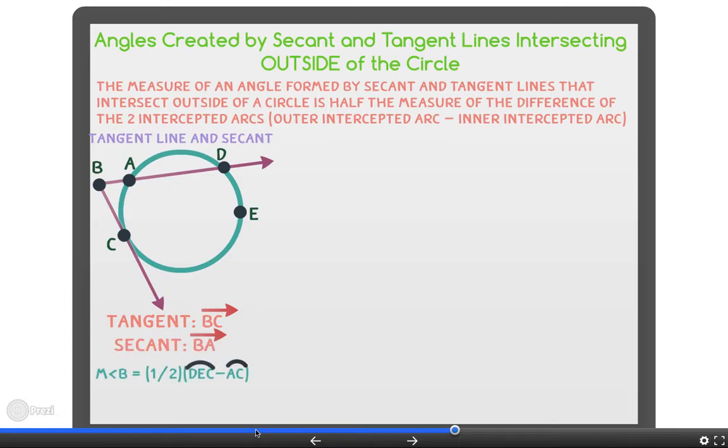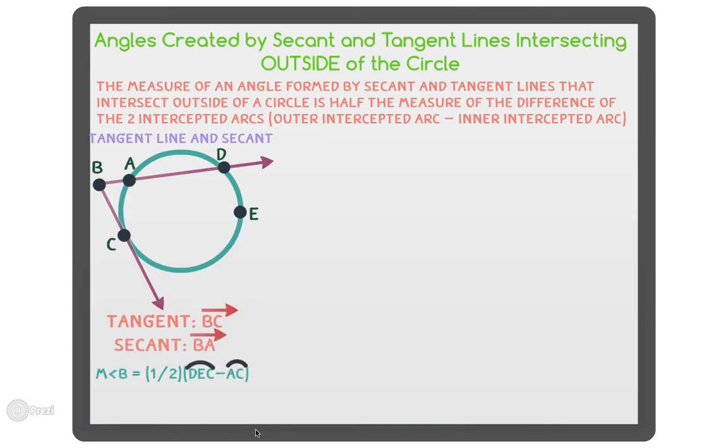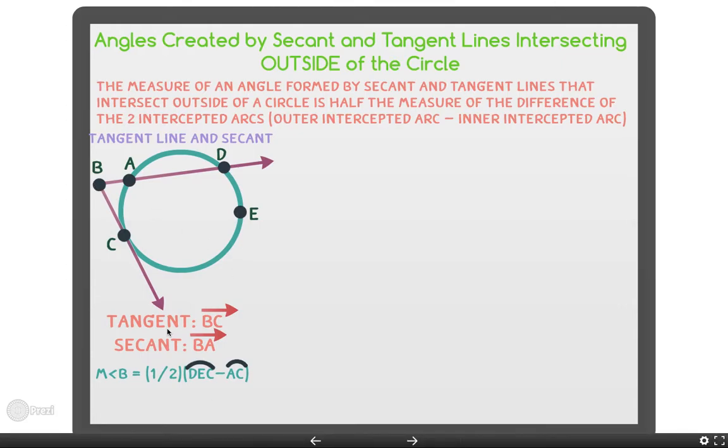So the relationship is half the measure of the intercepted arc. If you see here, the angle hits the circle, and the intercepted arcs are the arcs that start and end where this angle touches the circle. Whenever we do this, it's half the measure of the intercepted arcs subtracted. Whenever you do this, you start with the arc that's the farthest away from the angle on the outside of the circle.